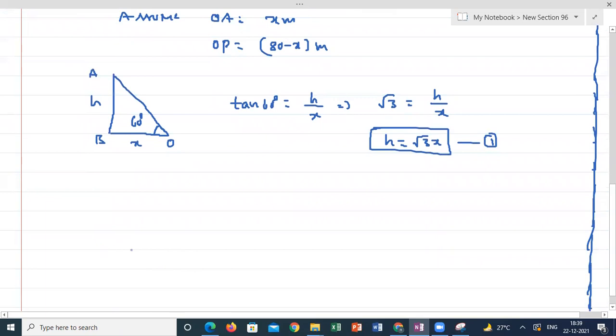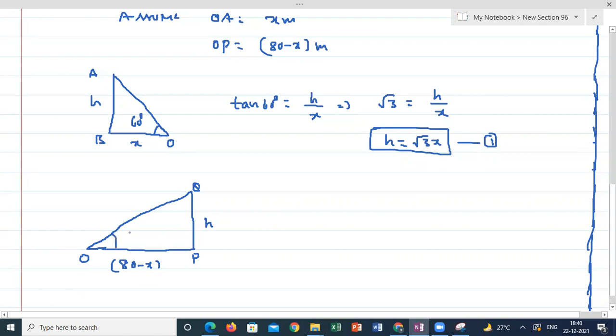Now I'm taking the other triangle. The other triangle is like this: O, P, Q. We know both the heights of the poles are the same, so PQ is equal to H meters. The distance from O to B is x meters, so the remaining distance is 80 minus x.